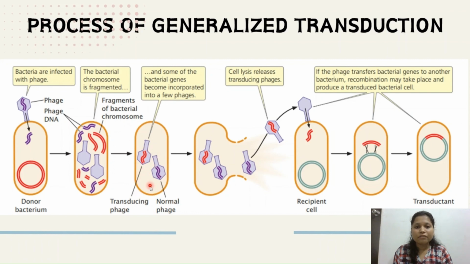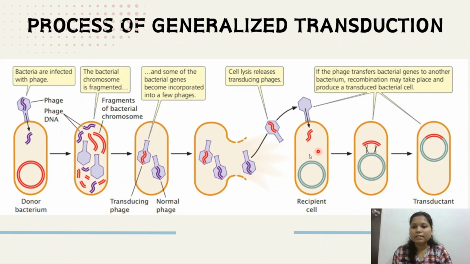Afterwards, when the lysis of the cell takes place, these transducing phages that have the bacterial DNA of the donor bacterium infect the new cell, that is the recipient cell. When these transducing phages infect, they introduce the bacterial DNA of the donor bacterium instead of the phage DNA.